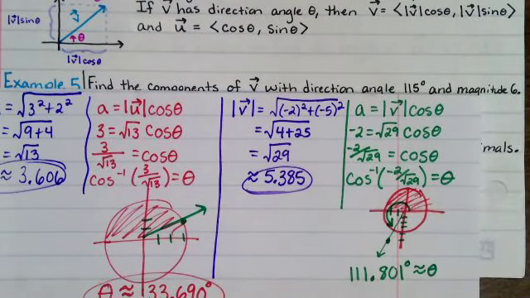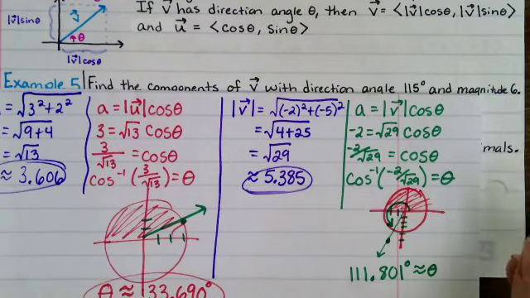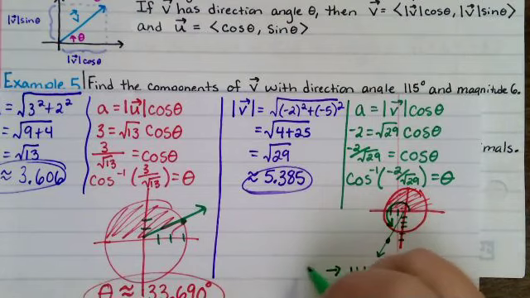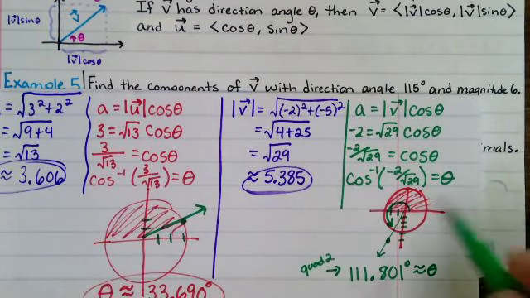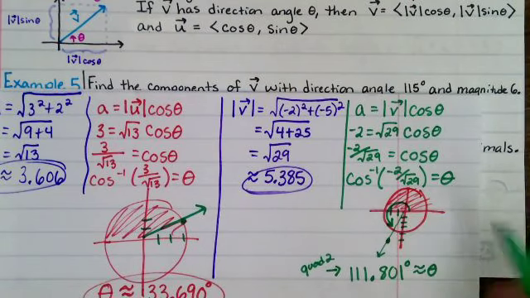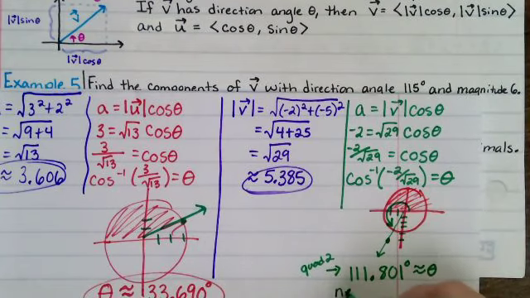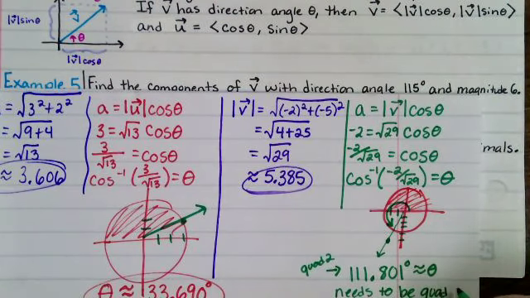But that's not exactly where we're supposed to be at. Okay? Because I need this to be actually in quadrant 3, whereas what I'm seeing right here is quadrant 2, right? 111 degrees would actually be up in here. But I need it to be quadrant 3.